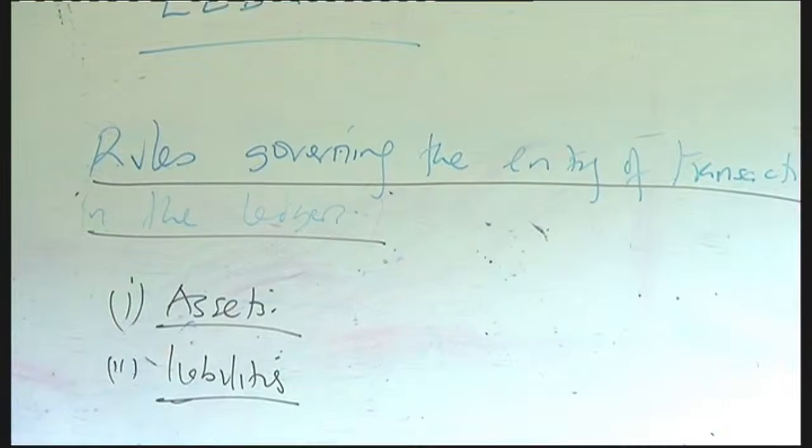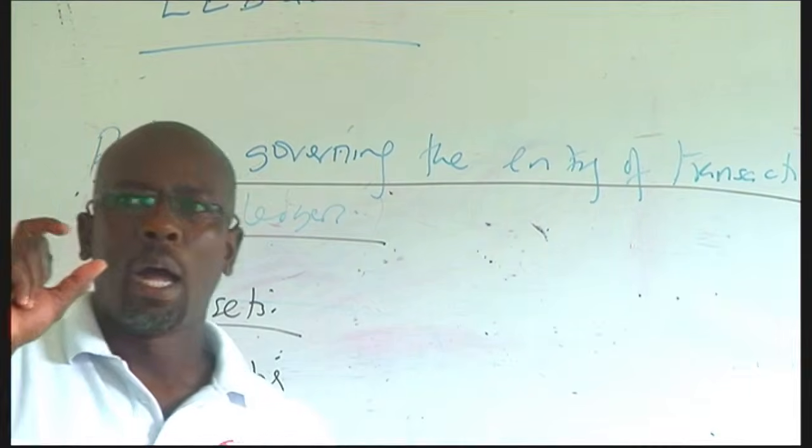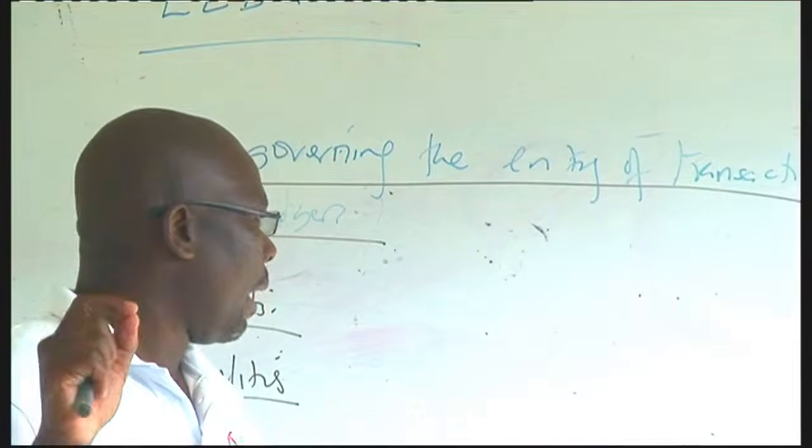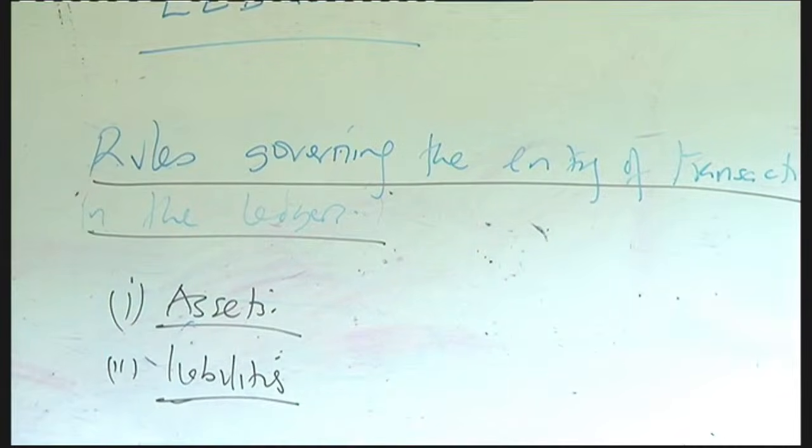So, rule number 2 states that any transaction that will lead to an increase in the liabilities will be credited, while any transaction that will lead to a decrease in the liabilities will always be debited.